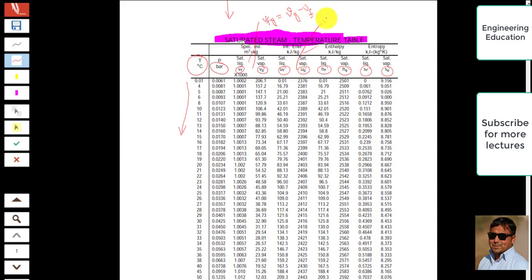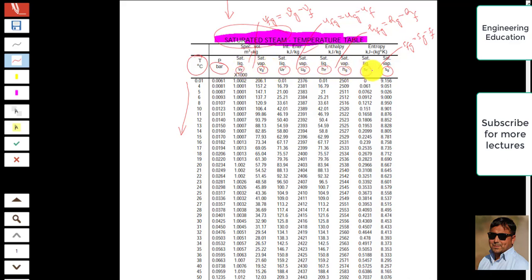Similarly, UFG is missing, so we can take the difference of UG minus UF. Similarly, HFG is equal to the difference of HG and HF. HG and HF are given over here. Similarly, SFG is missing, so taking the difference of SG and SF, we can find the value of SFG. So again, this is saturated steam, or sometimes it is called wet steam, or sometimes it is called dry saturated steam.